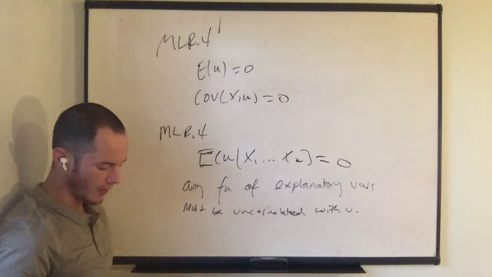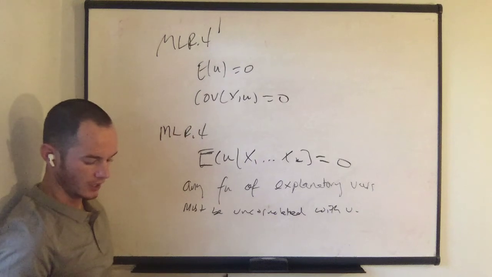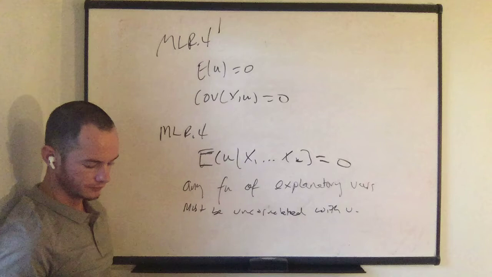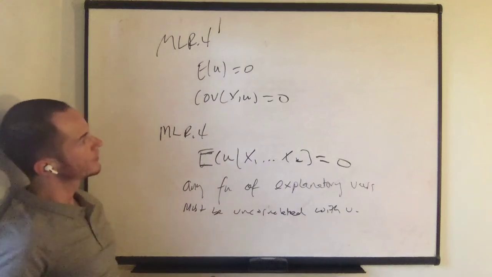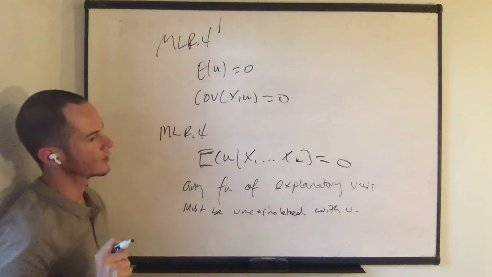With that, we only require that each xj is uncorrelated with u in and of itself. So this is a bit weaker.